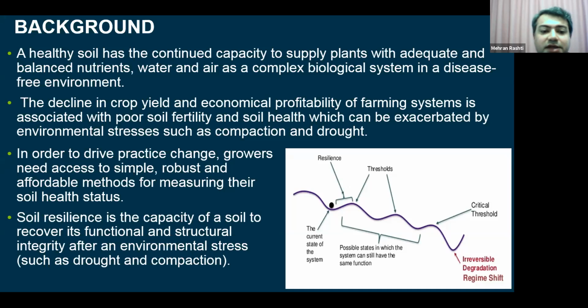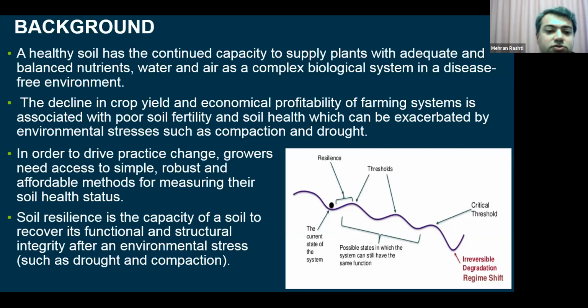But we know that the decline in the crop yield through extensive application of fertilizers, too many cropping systems after each other, and basically intense farming systems can reduce soil fertility and soil health, which can be extended by environmental stresses like compaction and drought that were the main focus in this project.